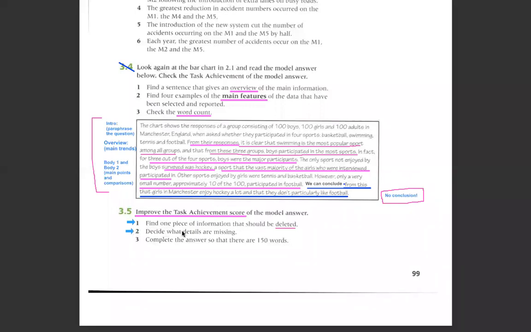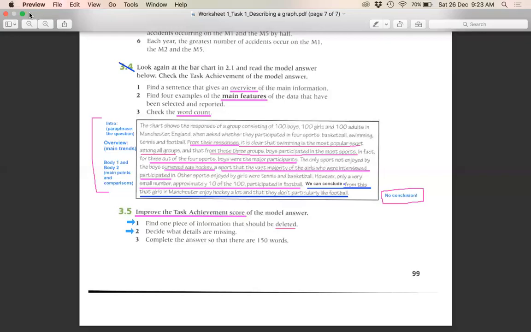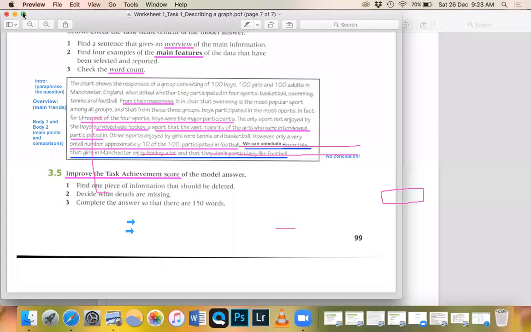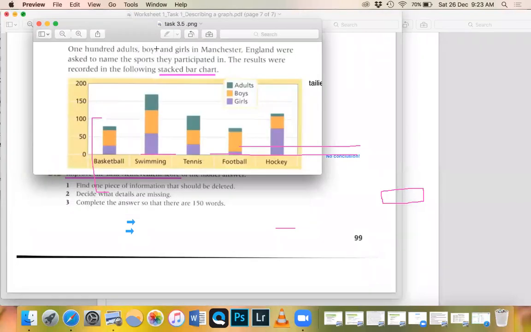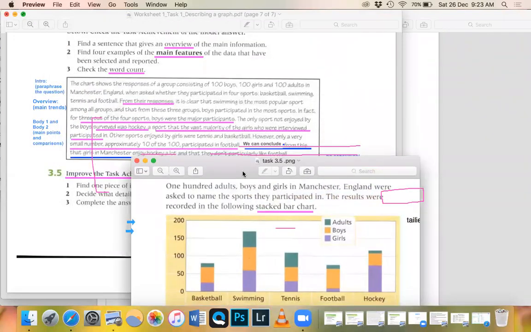It says, decide what details are missing. So remember, we should write about all the main points. So let's have a look at that bar chart again. All right, so let's have a look at these together.